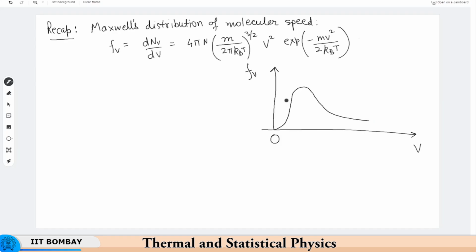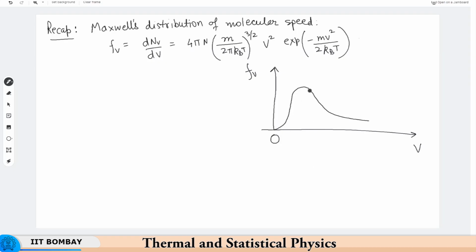And also like we saw, basically it is telling us how many molecules are moving with speed v in a window of dv, right. So, if I take dv to the right hand side, this gives me the number of molecules that are moving between speed v and v plus dv.